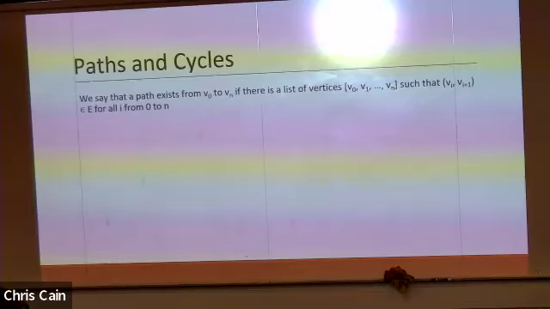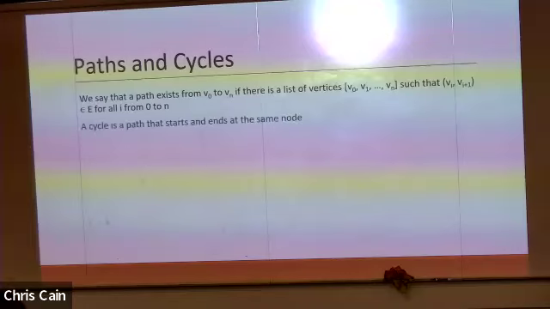So we start at one location and we see if we can traverse the graph in any set of the edges in the graph to arrive at the destination. If there is a path that starts and ends at the same node, then we call that a cycle.